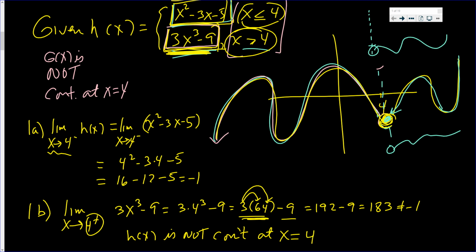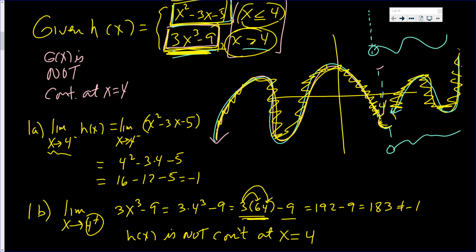It's continuous everywhere else because when less than 4, we're a polynomial. Bigger than 4, we're a polynomial, and polynomials are continuous everywhere. But the two polynomials may not link up very well.